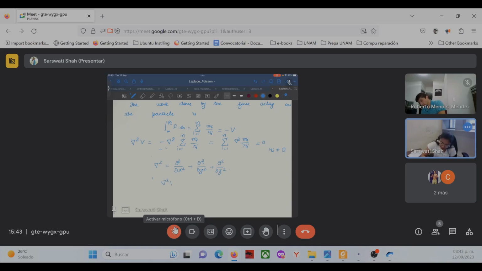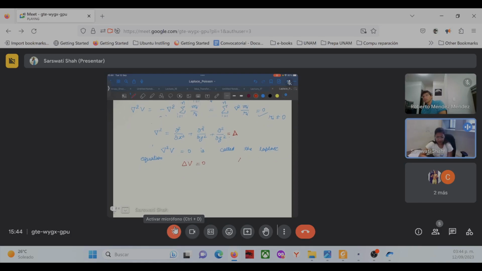So del 2 V equals 0 is called the, why I am taking this 0, I will tell you there is a reason behind that, the Laplace equation. We also write it like del of V equals 0. So this is also represented by the symbol del. So this is the symbol of the Laplacian.